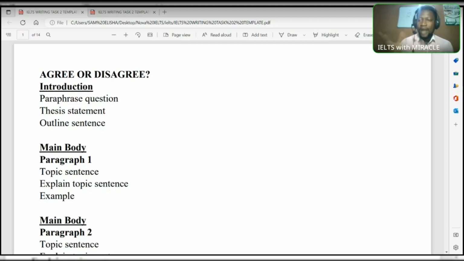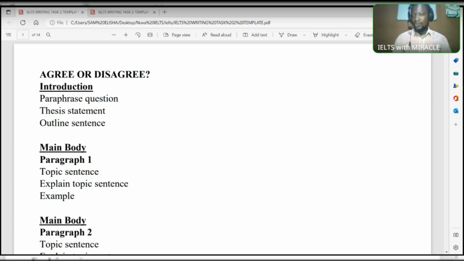While for those taking the general training test, you would have a letter, and the letter could either be a formal letter, an informal letter, or a semi-formal letter, as the case may be. Now, however, in task 2, it's the same.